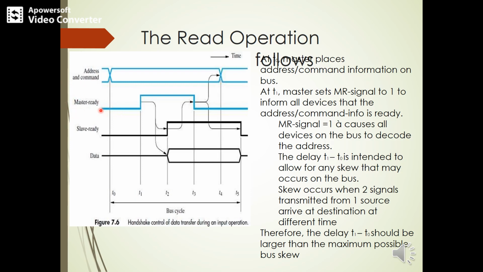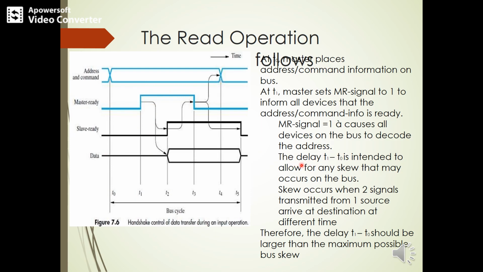At time T1, the master sets the master ready signal to 1, that means it is high now, to inform all the devices that the address and command information is ready. The master ready signal being 1 causes all the devices on the bus to decode the address. So now the address will be decoded by the respective devices.